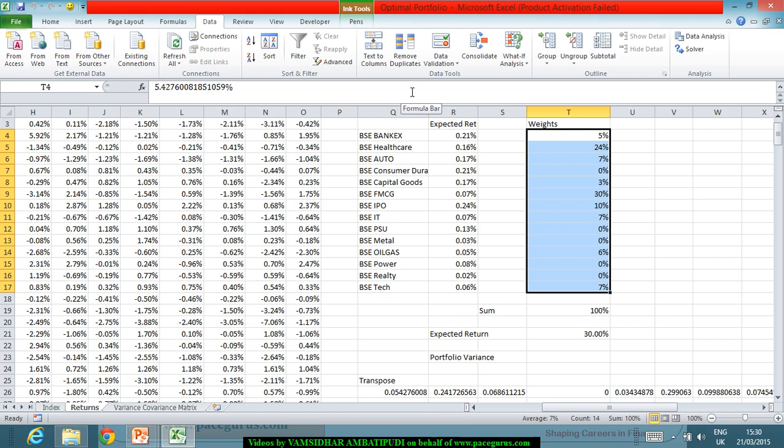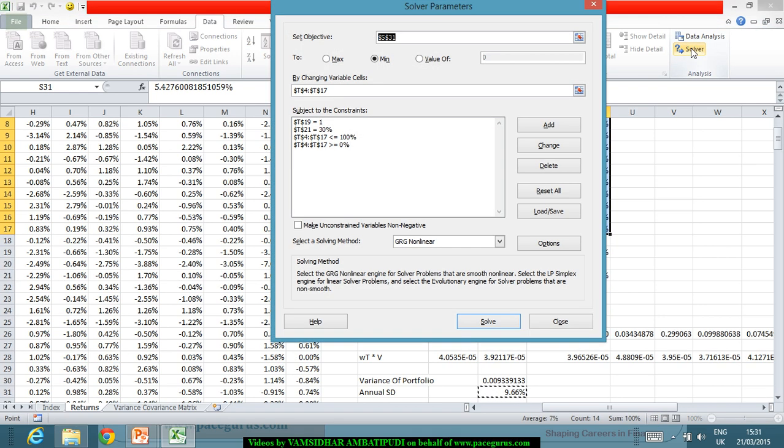Whenever I'm thinking of shorting, I don't have any constraints that weights be positive or less than 100%, because I am assuming that I can short to any extent.